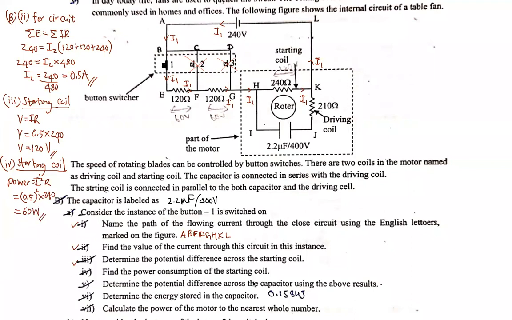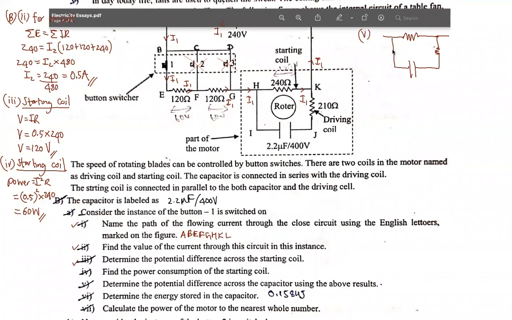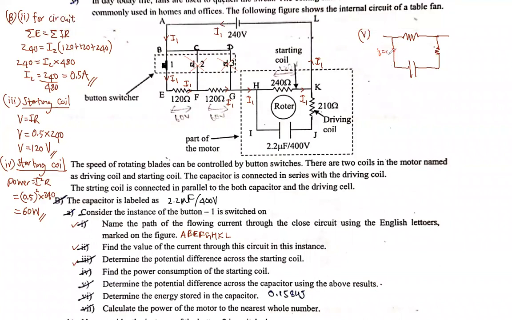Determine the potential difference across the capacitor using the above results. What will be the potential difference across the capacitor, people? Now, the starting coil will be like this, the capacitor is like this. And remember, even though there is another driving coil, there's going to be no current through this circuit. So this 210 ohm is useless, there will be no potential drop across it, the potential difference across this is 0.